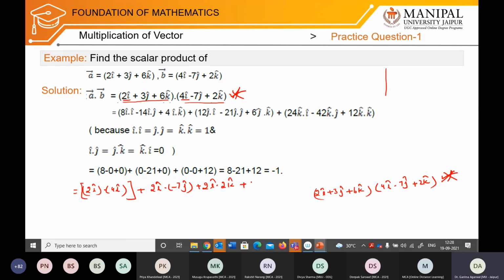Then 3 j cap dot 4 i cap, 3 j cap dot minus 7 j cap, 3 j cap dot 2 k cap.